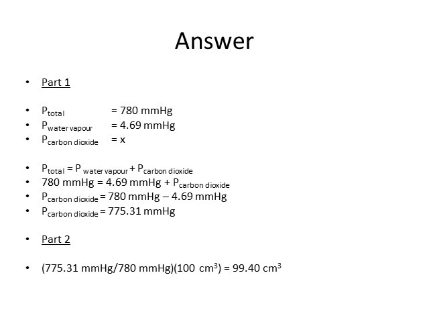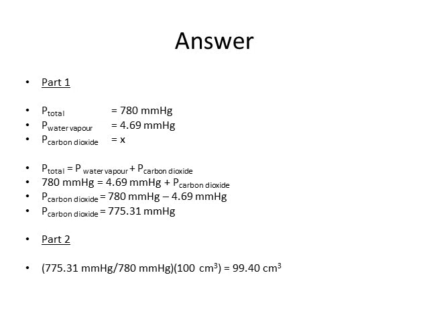So let's look at part 1. Part 1, you would have been given the total pressure. You were told the gas was collected at a pressure of 780 millimeters of mercury. So there's your pressure. Your water vapor, then, you were told, was 4.69 millimeters of mercury. And you just had to find your carbon dioxide. So remember, P total is equal to the pressure of the water vapor plus the pressure of the carbon dioxide.